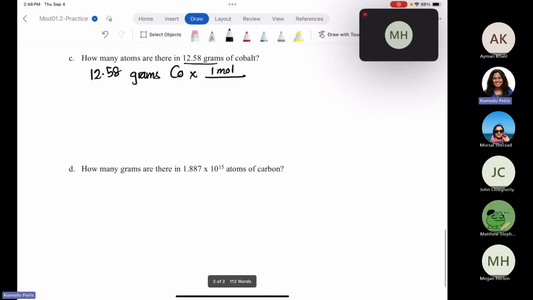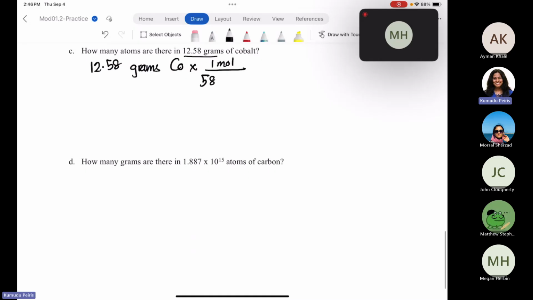Yes, that is 58.93 grams of cobalt. So then the grams to grams will cancel out.